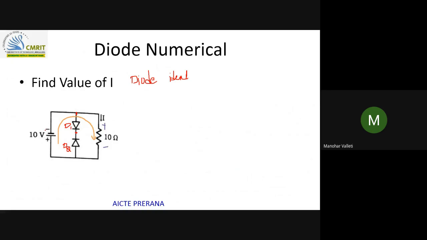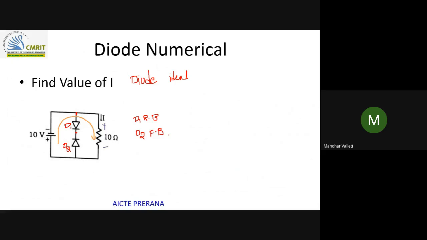As diode D1 is connected to the negative terminal of the battery, obviously diode D1 will be reverse biased. The same way, for diode D2, the anode is connected to positive, so obviously it is forward biased.